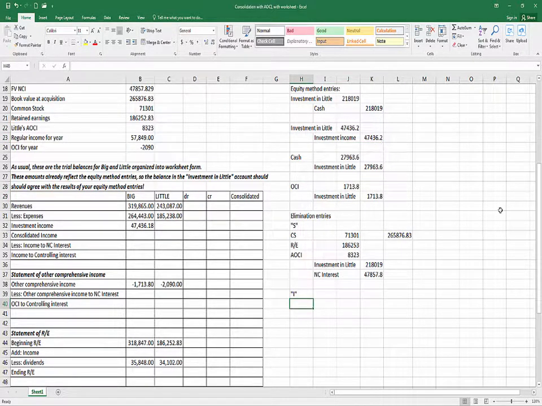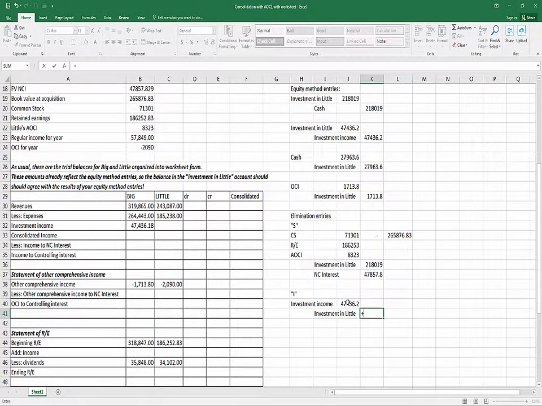So we had positive regular investment income of that, and we recorded a debit to OCI, so we need to get rid of that, so we're going to credit OCI and debit the investment in Little.